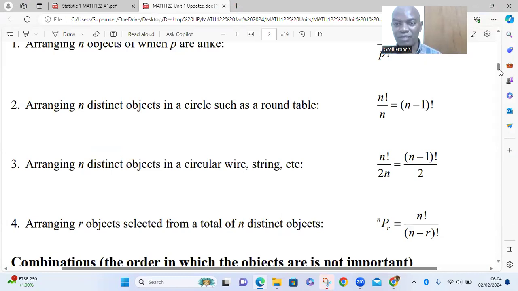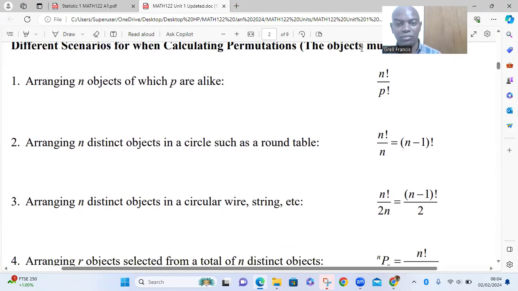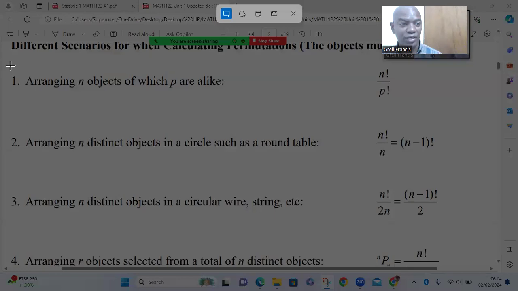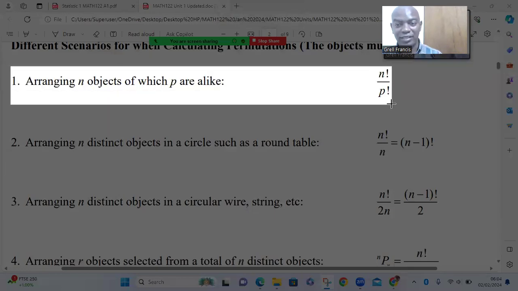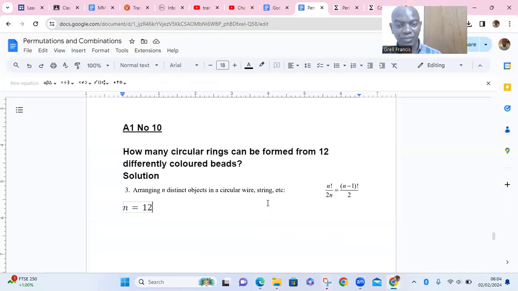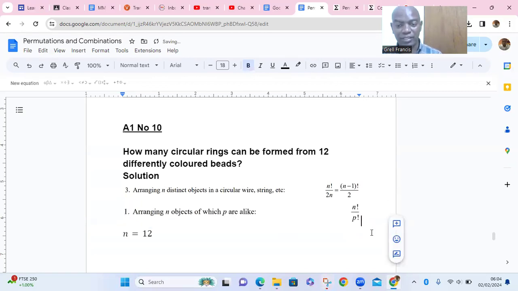So if there is nothing alike, you can divide by 0 factorial, because dividing by 0 factorial is like dividing by 1, and your answer is not affected in any way. So if you take a closer look at these formulas, you can modify it by saying n factorial over 2n divided by p factorial, p are alike, or n minus 1 factorial divided by 2 divided by p factorial.